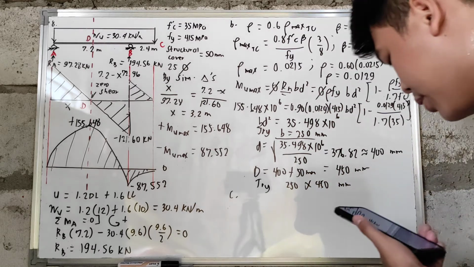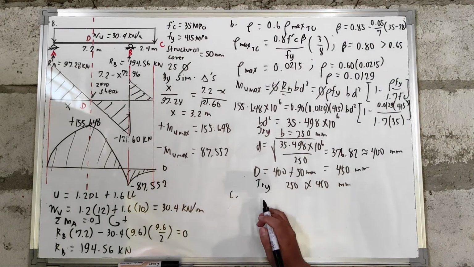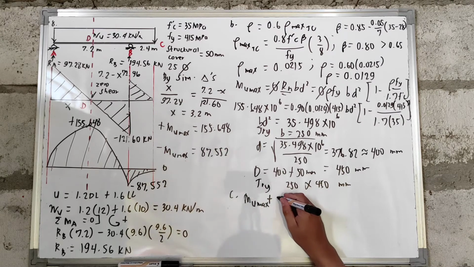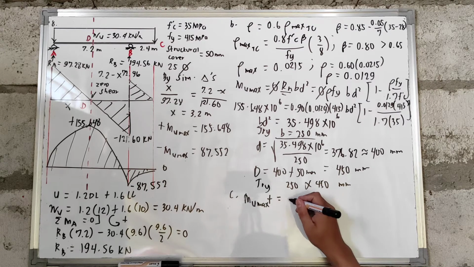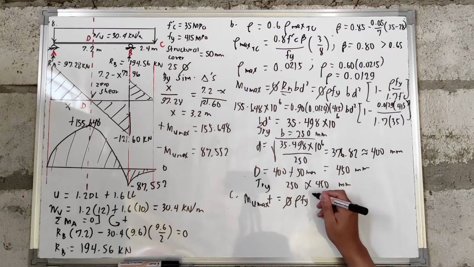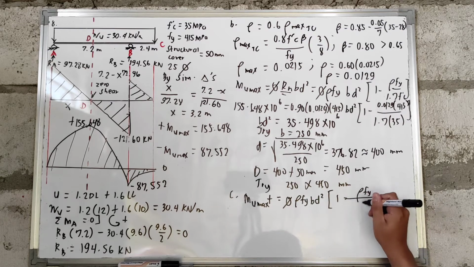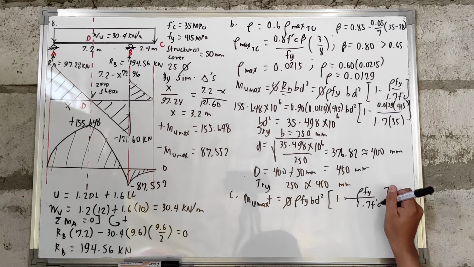Ngayon naman, we're going to compute for steel reinforcement in tension sa positive and negative moment. So unahin muna natin yung Mu max positive natin, which is equal to reduction factor rho Fy BD squared 1 minus rho Fy over 1.7 F prime C.